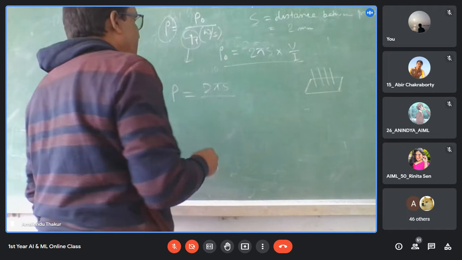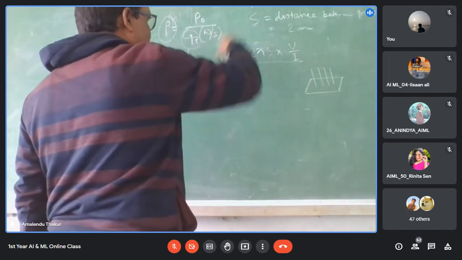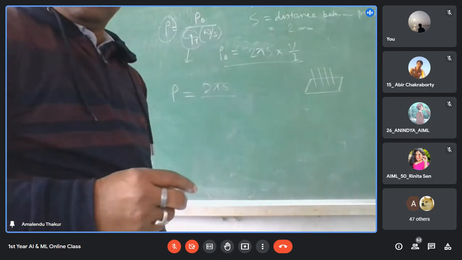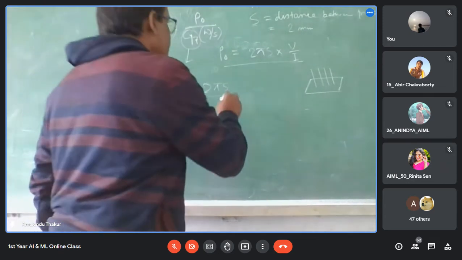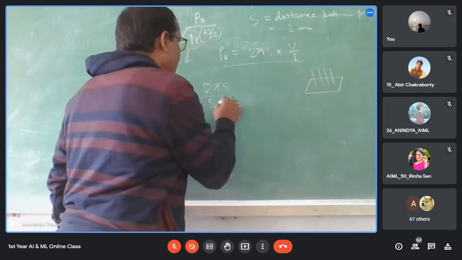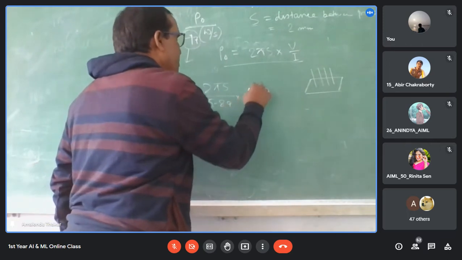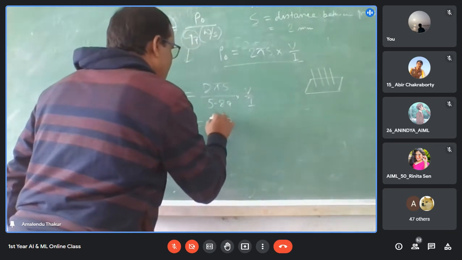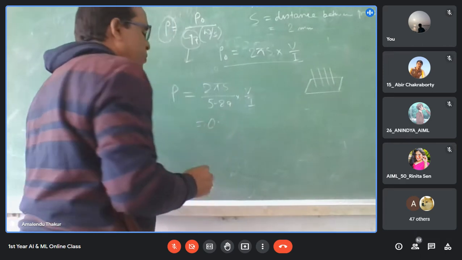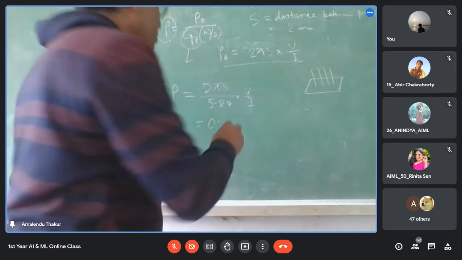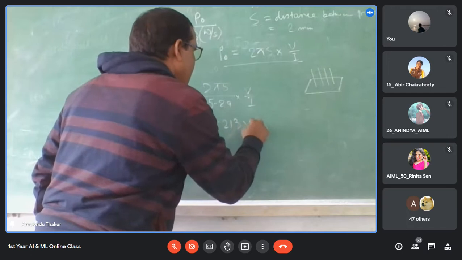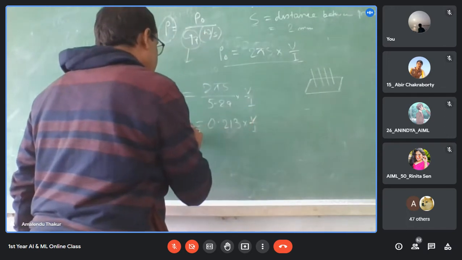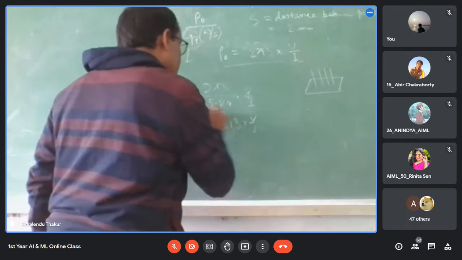If we finally put in all the values, it becomes 2 pi s into 5.89 into V by I, or you may consider this value 0.213 into V by I.